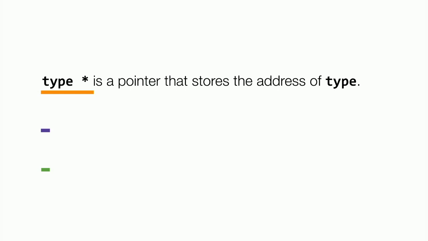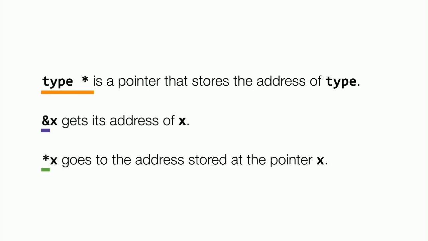Type could be an integer, a character, a float, etc. Ampersand x gets the address of x, where x is some variable. And star x goes to the address stored at the pointer x. So in this third scenario, x is referring to some sort of pointer that we have, and star goes to the address that is stored at that pointer.